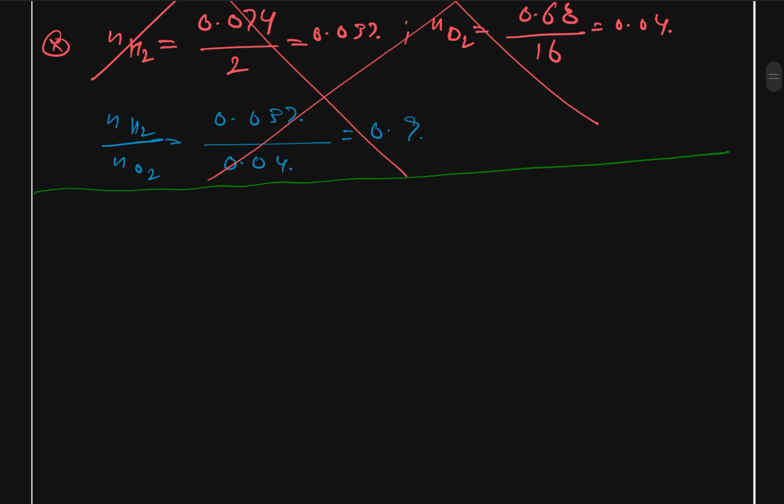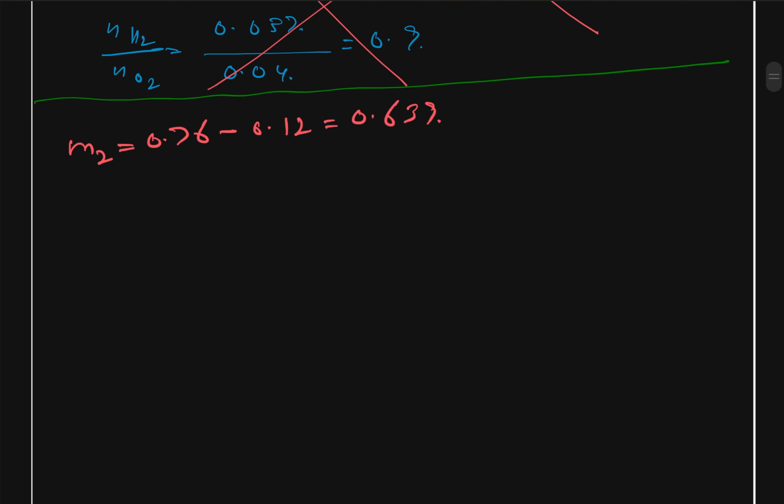Now we can find out our m2. So we have m2 is equal to 0.76 minus 0.12, which gives us 0.639.